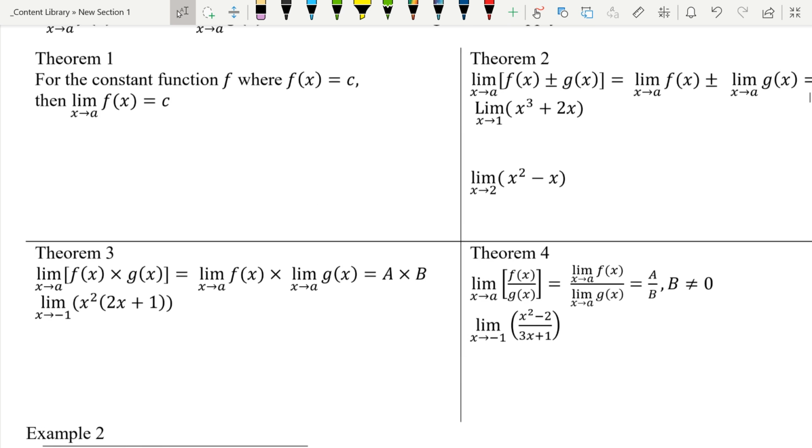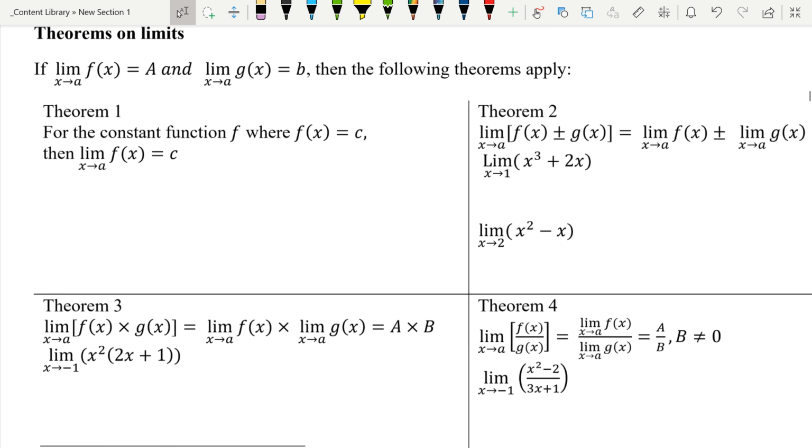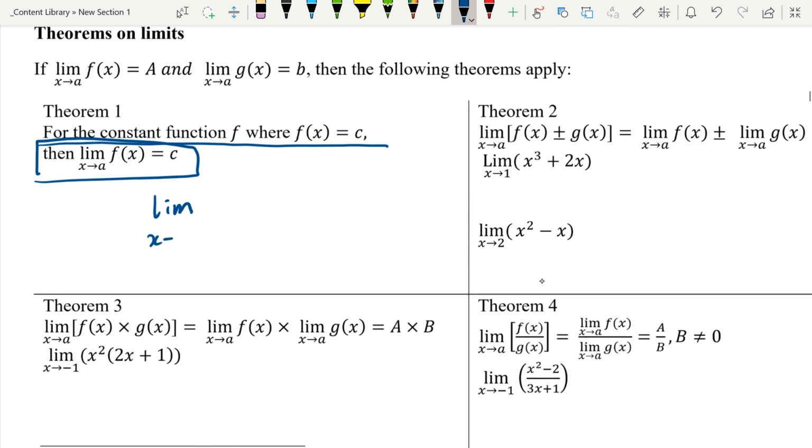There's one useful definition here: the limit of a constant function is always equal to the constant itself. What that means is, the limit as x approaches something of the constant 4 always equals 4. It doesn't matter what value of a you take, because everywhere the y value is 4, and it's always approaching 4.